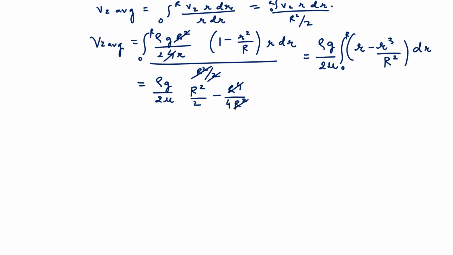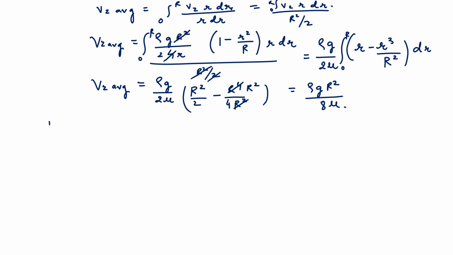R square gets cancelled. What we get here is rho g R square upon 8 mu, right? So Vz average is equal to rho g R square upon 8 mu.